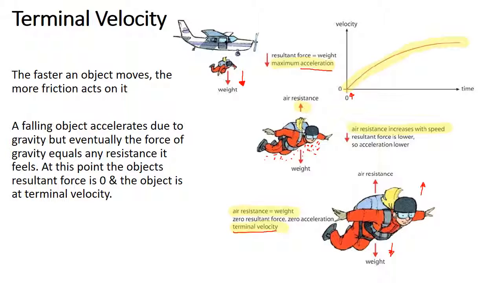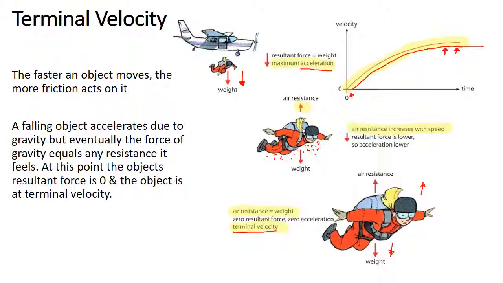So if we look on this graph here, this shows it well. To start off with, the skydiver is starting to accelerate, and she's accelerating quite a bit. However, there gets to be a point where her air resistance will balance out her weight, and so for that reason, around about here, actually probably a bit further back, about there, she's begun to reach terminal velocity, and this won't change.